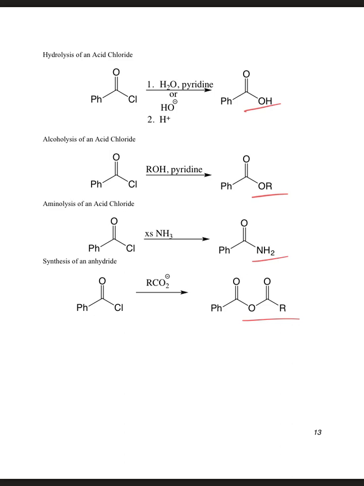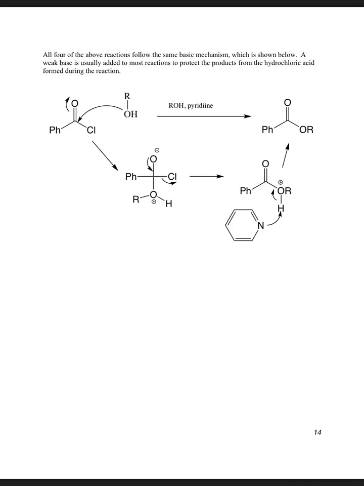So be very careful as you're going along that you keep track of what can happen and think about it as easy a way as possible. So if we added an alcohol, the alcohol adds to the carbon-oxygen double bond. We break the carbon-oxygen double bond, sending the electrons up on the oxygen to form the tetrahedral intermediate. Now from here, we can do either of the next steps.